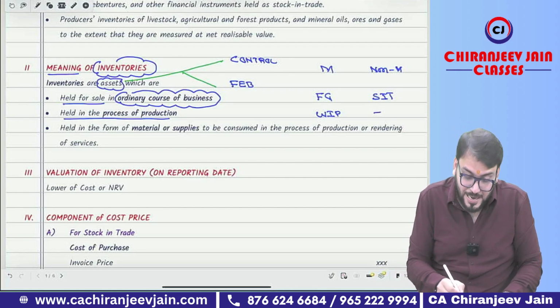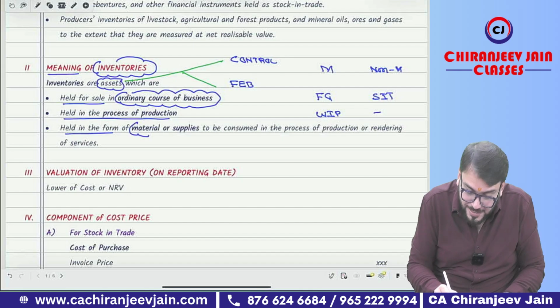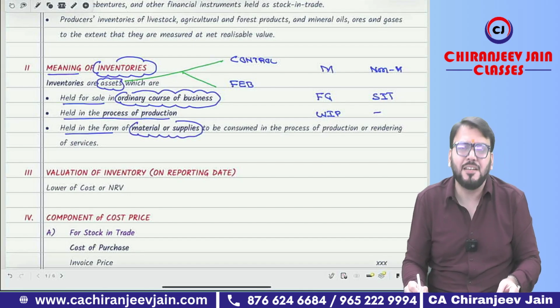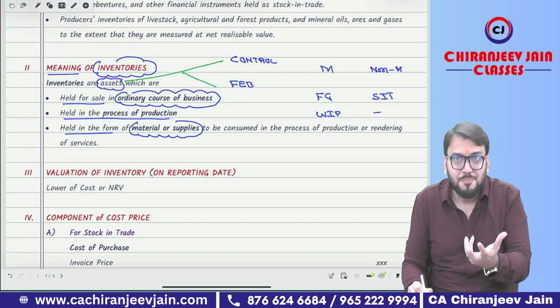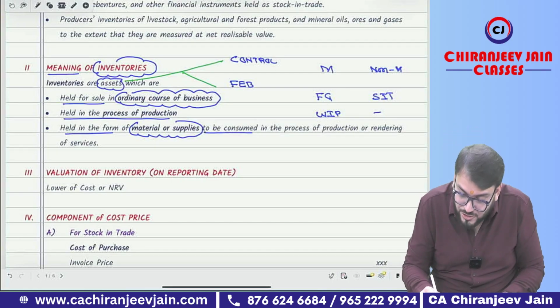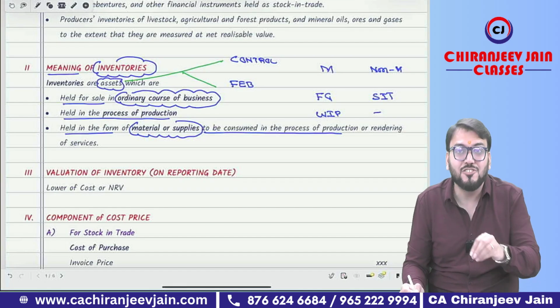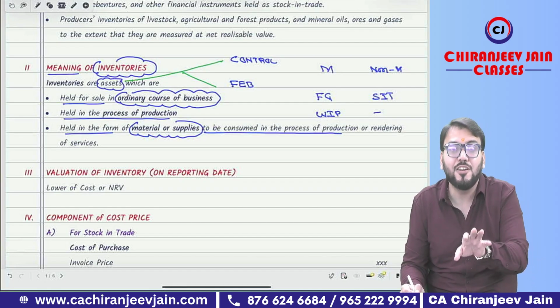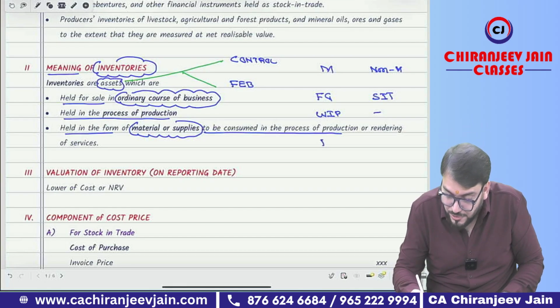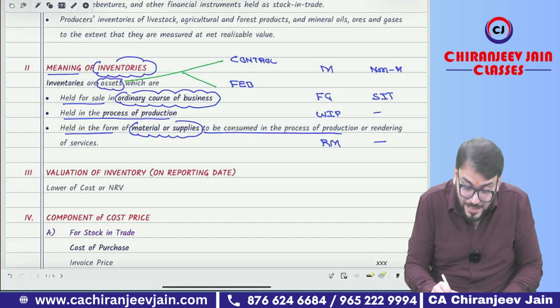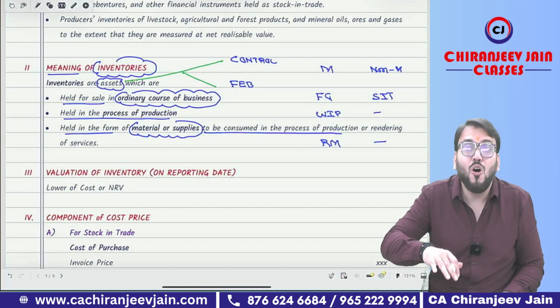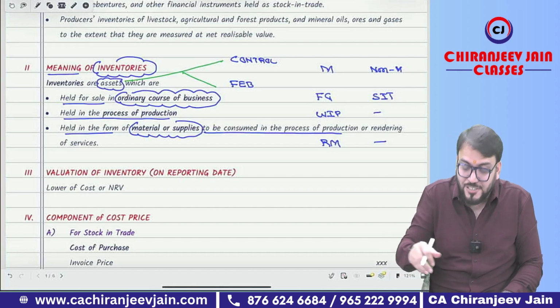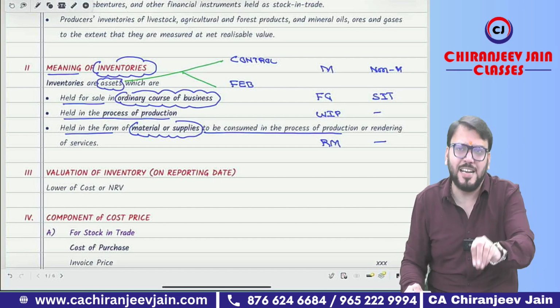And held in the form of material or supplies to be consumed in the process of production or for rendering of services. So that is known as raw material. So held in the form of material or supplies to be consumed in the process of production or for rendering of services.